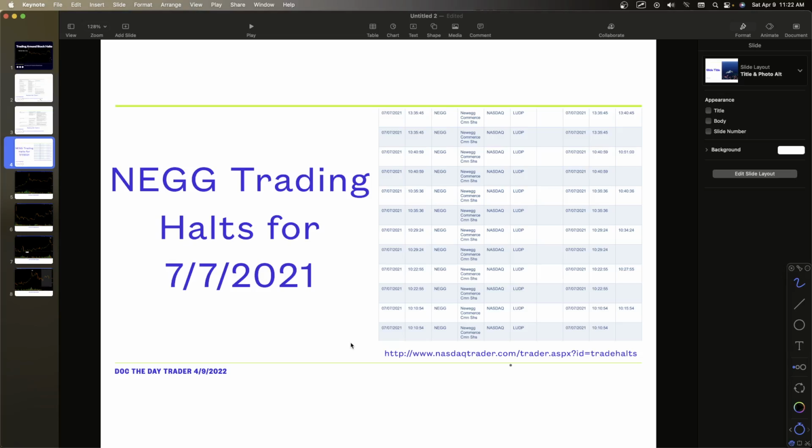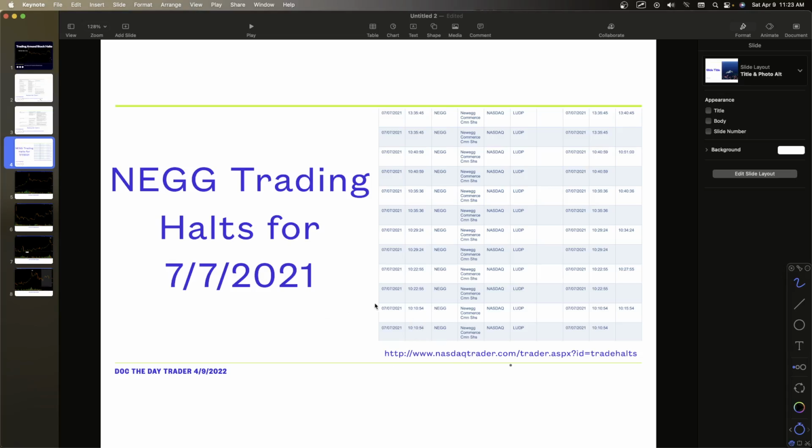It's just web based, and I think it automatically refreshes if I'm not mistaken. It'll tell you when a stock halts, and when it resumes. You can also look up the history, like I did here. If you want to see the last time a particular stock halted on a volatility circuit breaker halt, you can look that up. So there's a website for that.